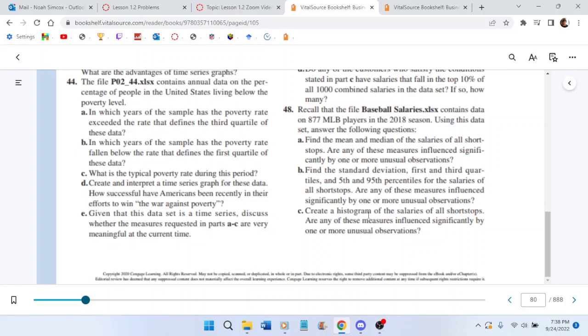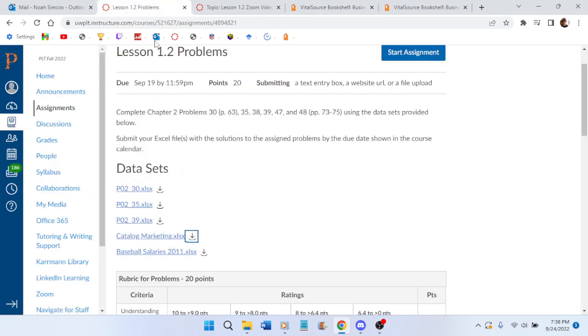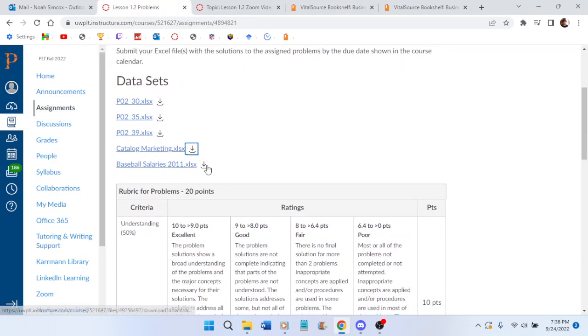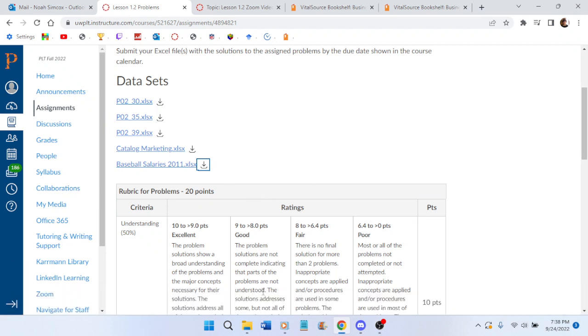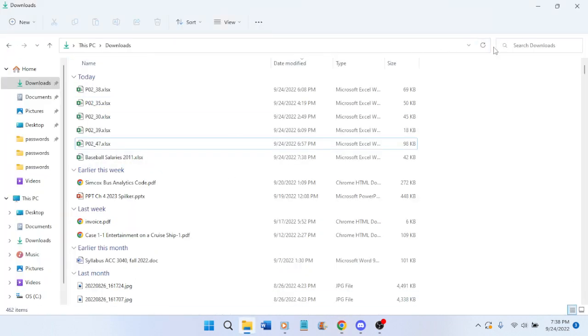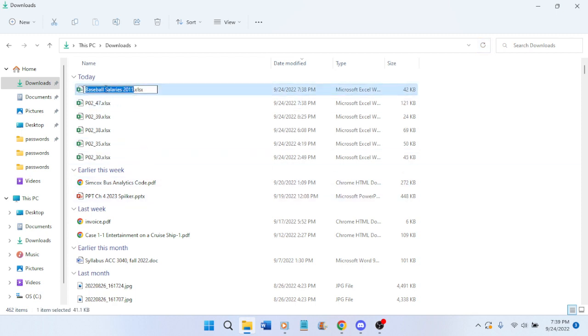Baseball salaries. Download baseball salaries. And then we will change it to problem 02_48.